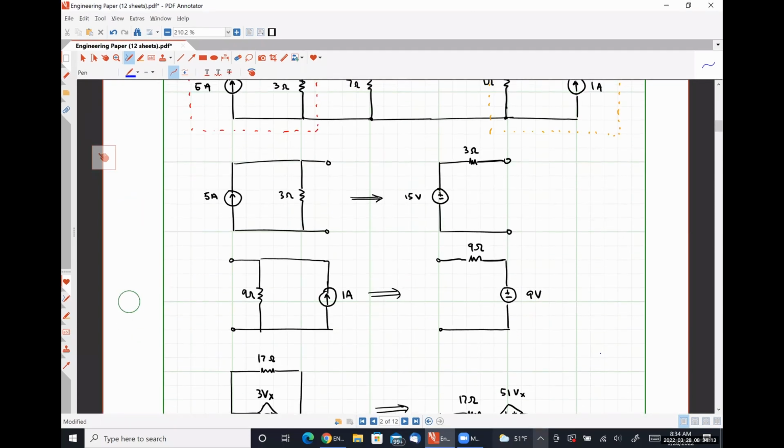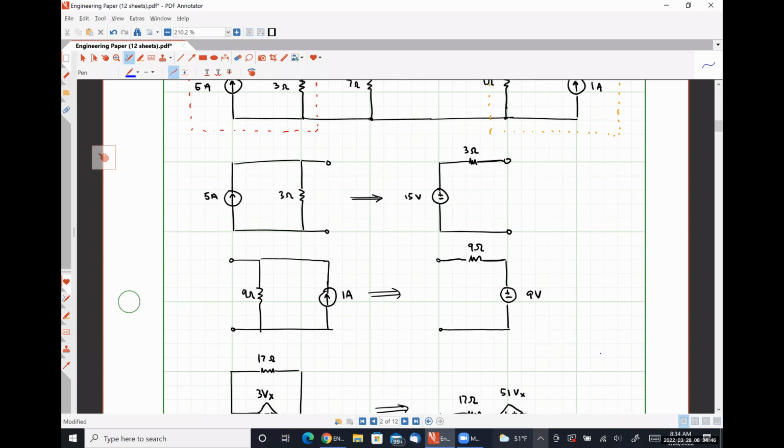Let's look up here, okay? Our top example on the right-hand side, we have a 15 volt source in series with a 3 ohm resistor. And we're saying that that's electrically equivalent to a 5 amp source in parallel with a 3 ohm resistor. So if I had, instead of a 3 ohm resistor, a 7 ohm resistor, how do I work from the right-hand side to the left-hand side? Exactly right.